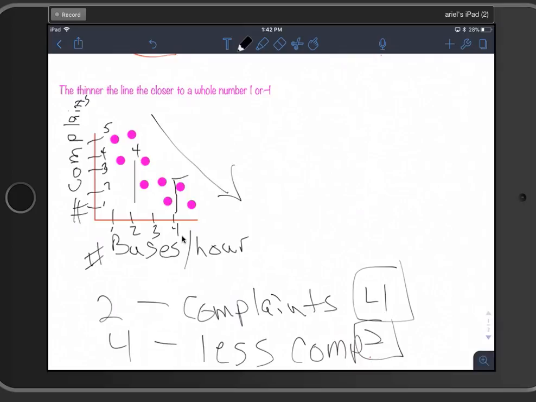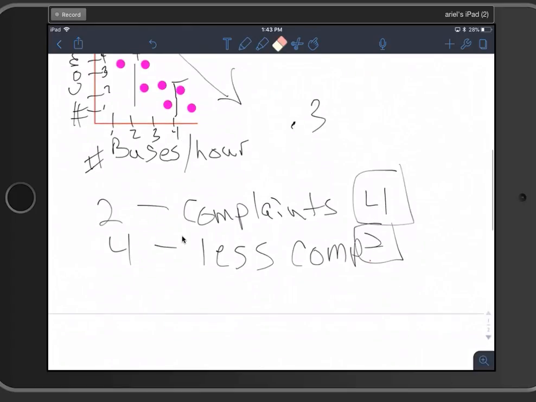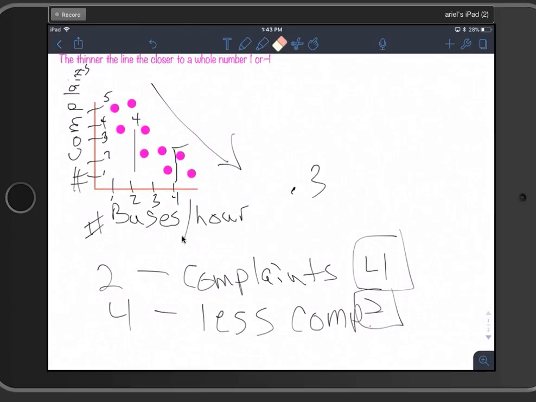It's a negative, declining scatter plot. The correlation would be at like a -0.3 or a -0.5. All right, so those are the kind of questions they're going to ask.